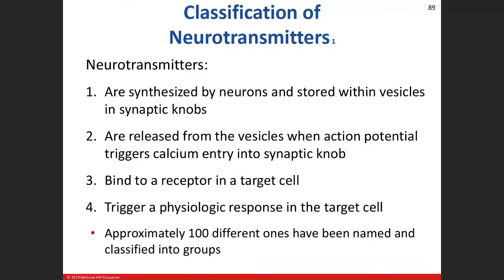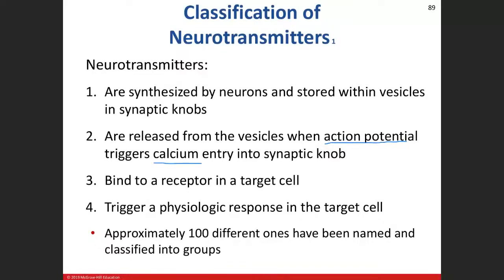They just wait there for an action potential to come along, for calcium to stimulate the opening of the voltage-gated calcium channels, and calcium to enter the knob. That will then stimulate the release of the neurotransmitter to diffuse across the synaptic cleft and react with the receptor on the target cell.